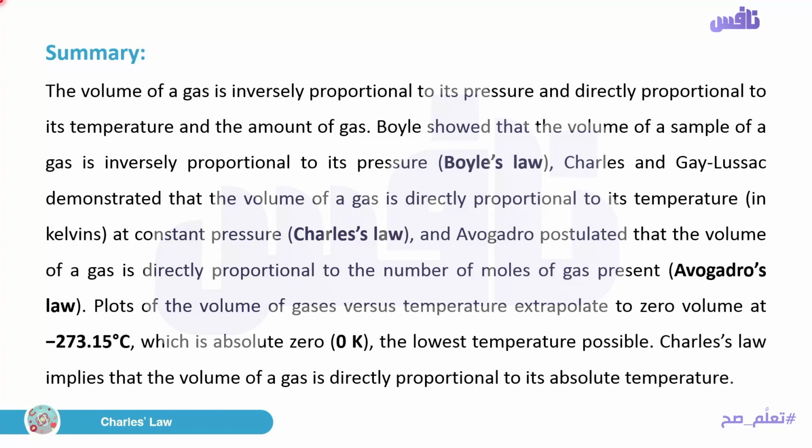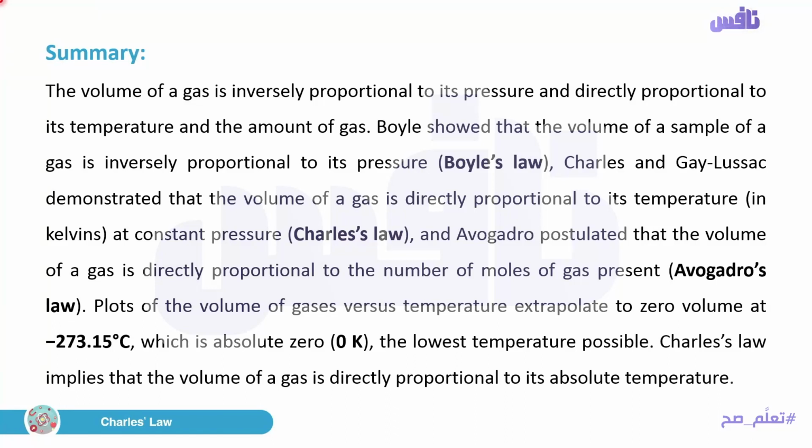Also, Avogadro postulated that the volume of gas is directly proportional to the number of moles N of gas. So, if we plot the volume of gas versus temperature, it extrapolates to 0 volume at negative 273.15 Celsius. And this value equals 0 Kelvin.